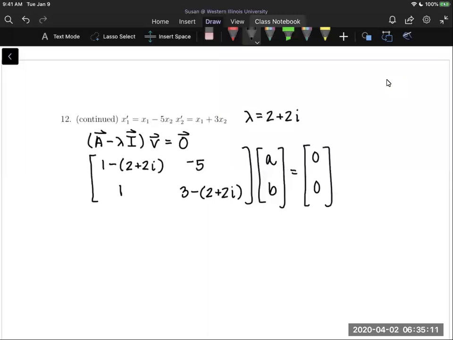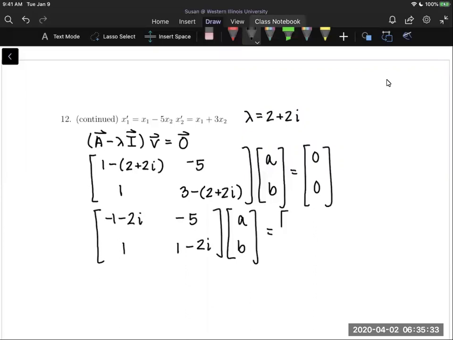All right, so let me go ahead and just combine the real terms and then leave the imaginary terms here. So this is going to be [negative 1 minus 2i, -5; 1, 1 minus 2i], multiplied by [a, b], equals [0, 0]. So at this point, we're just going to carry out the matrix multiplication.